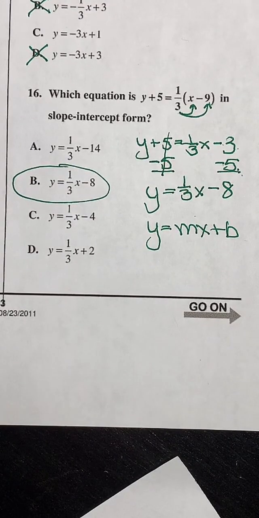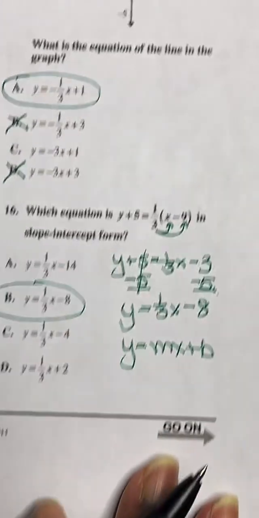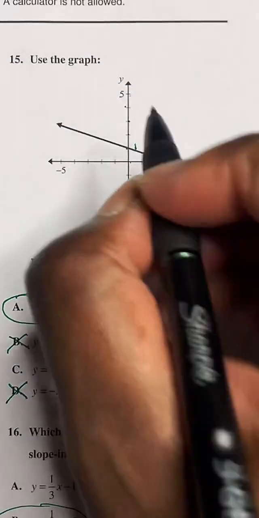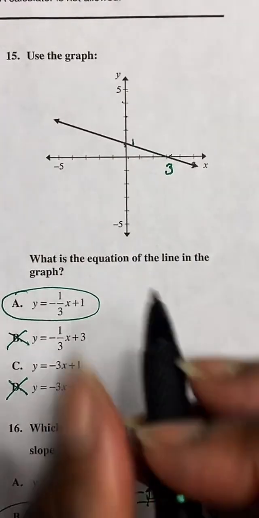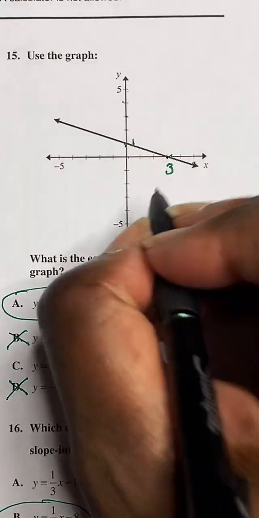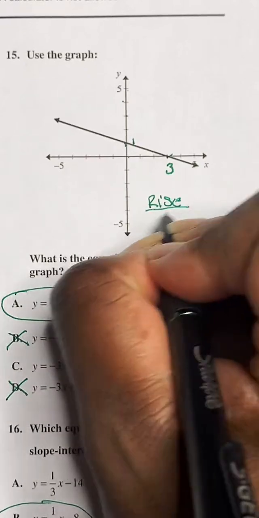Good. All right. Now, going back to the 1/3, okay, if I'm doing my slope, here's my y-intercept, which was the 1. Here's another point on the x-axis. Remember, slope is your rise over your run.